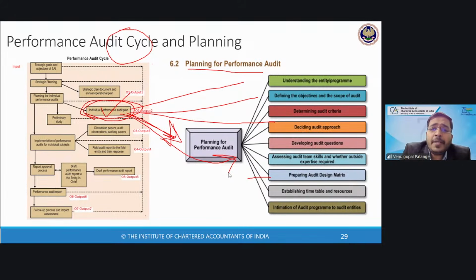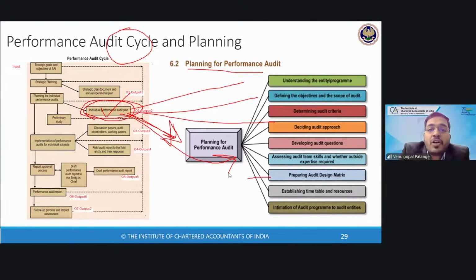The first step is easy. The first step is to whom you are doing, which program, which function, which activity. That is clear, right? So second, all the questions you'll get to know from the audit design matrix. Okay.